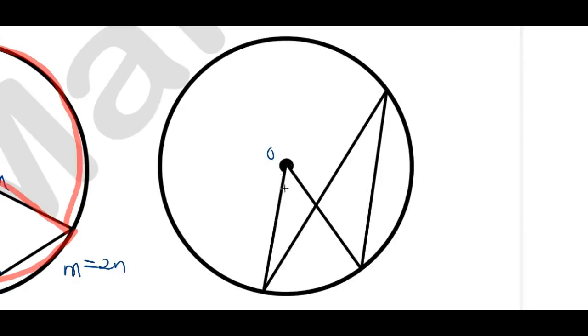If this is center O, and this is angle P, and this is angle Q. All right. So let's call this place P. Let's call it AB, arc AB. Now this arc AB is subtending angle P at the center, and this same arc is subtending angle Q at the circumference.